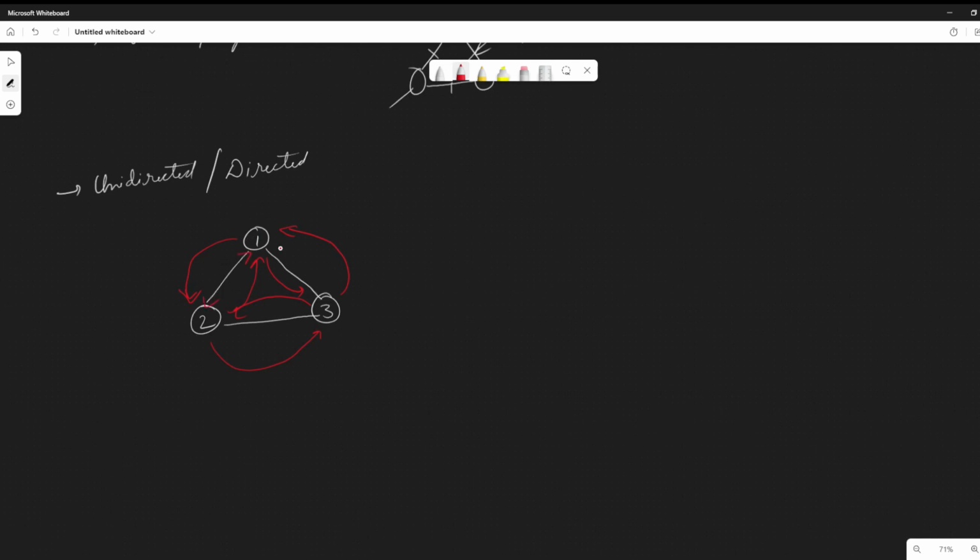In case of a directed graph, let me rub this and draw a directed graph, with nodes 1, 2 and 3. A directed graph looks like it contains arrows. So we can go from 1 to 2, but we can't go from 2 to 1.